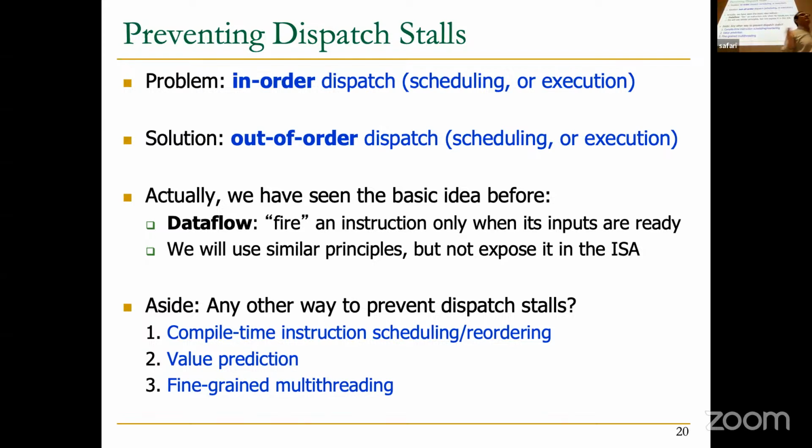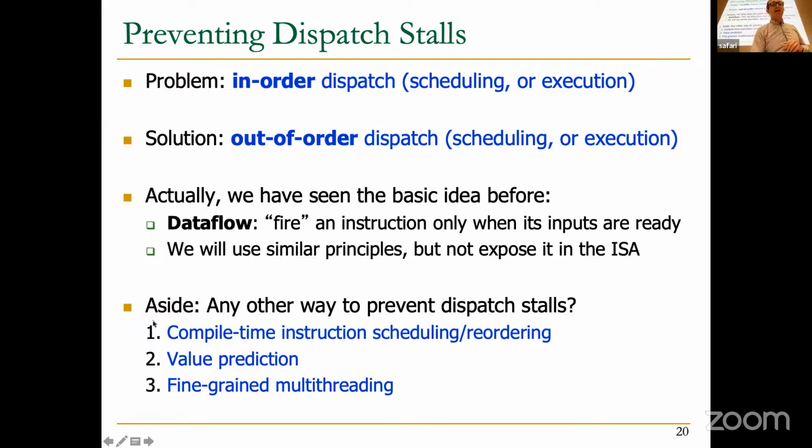They're from different threads, but basically the pipeline never stalls, right? That's beautiful. But this requires you to have enough threads. And also, if you really care about the performance of a single thread, this is useless for you, right? If your goal is to really improve the performance of a single thread, you cannot basically resort to multithreading, unfortunately. Fine-grained multithreading, at least.